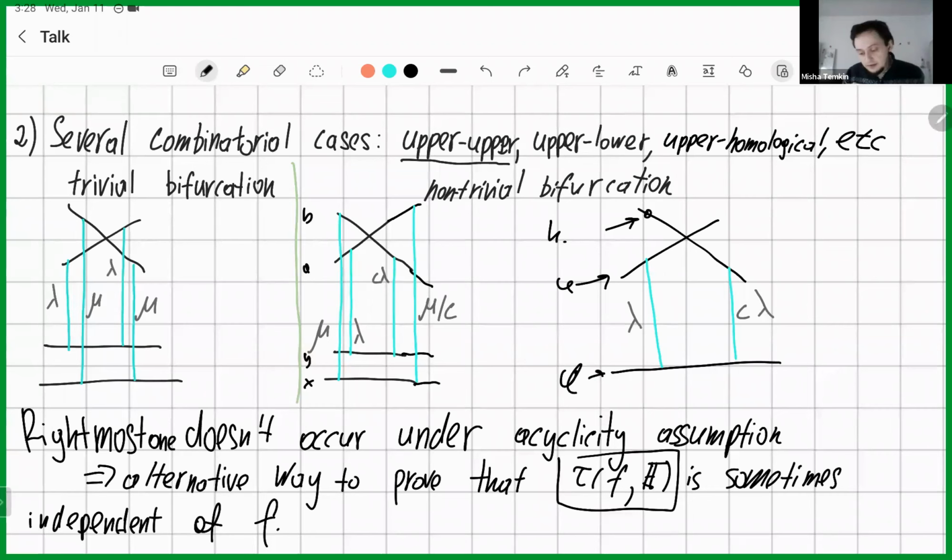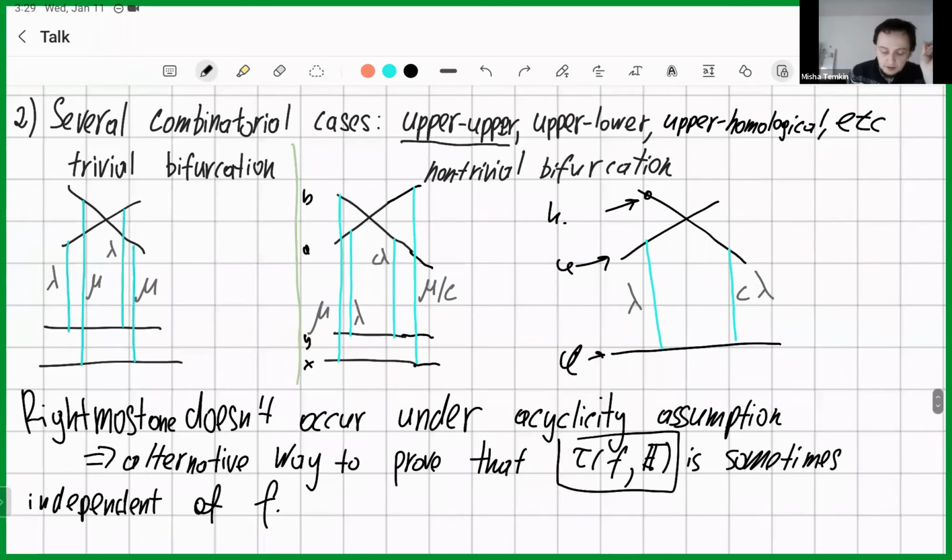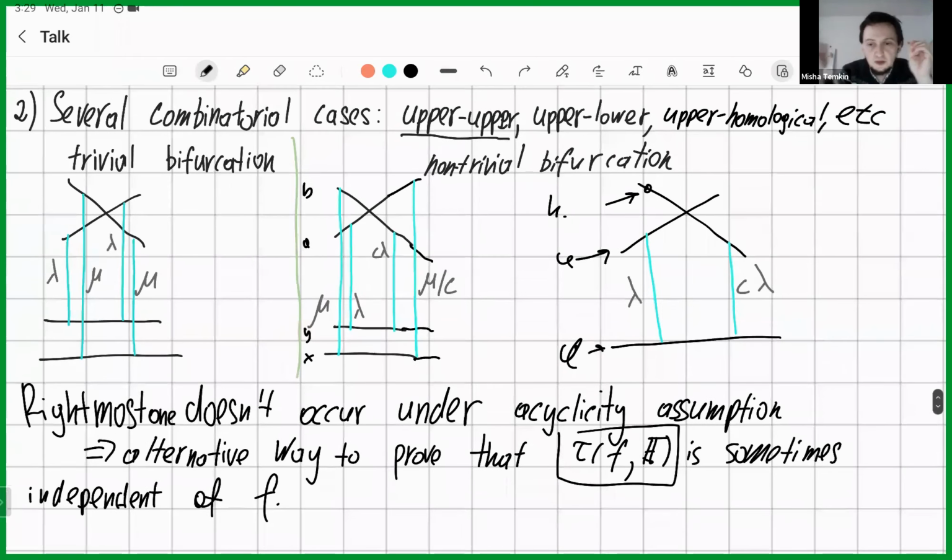And in general, it is an incarnation of the philosophy in Morse theory that if you want to prove that something you define in terms of a Morse function, like say Morse homology, is independent of the function, then you have two ways. The first way is to prove the statement directly by inspecting the function. The second is a fancier way, in the spirit of Morse theory, called bifurcation analysis.